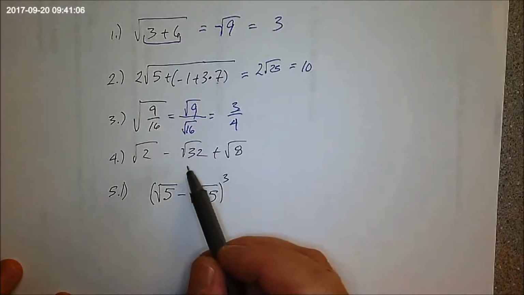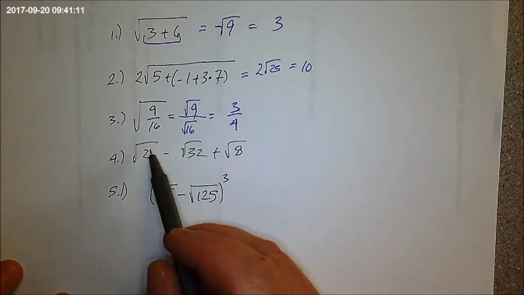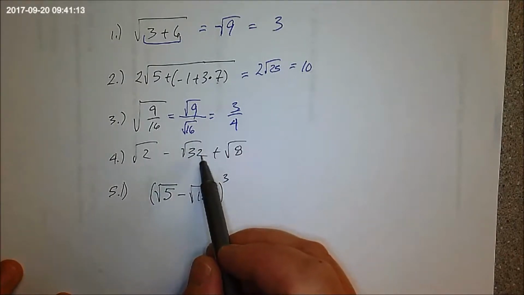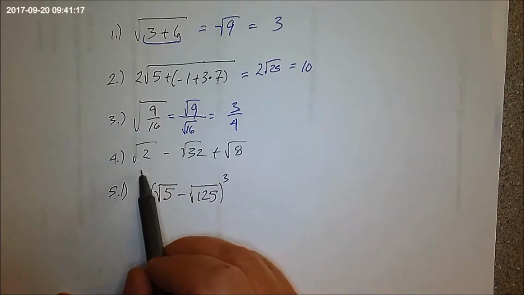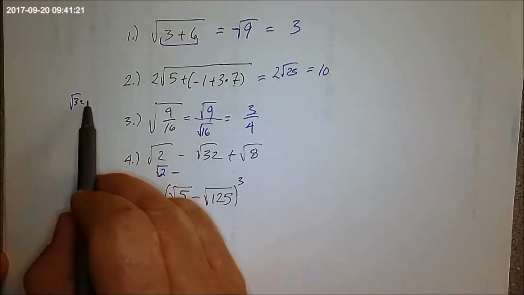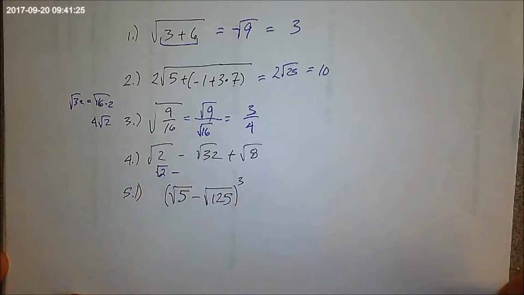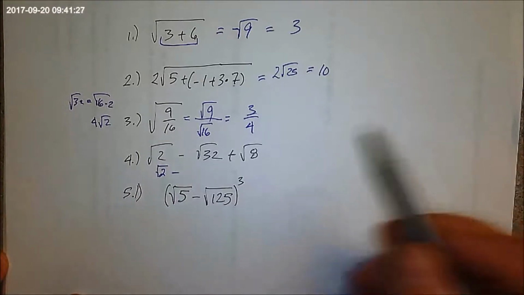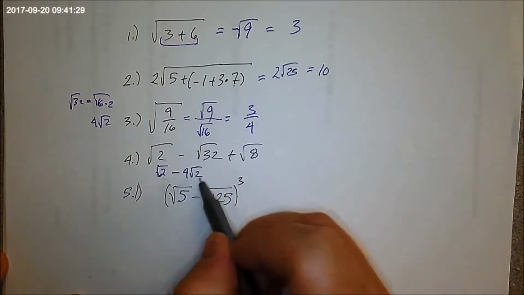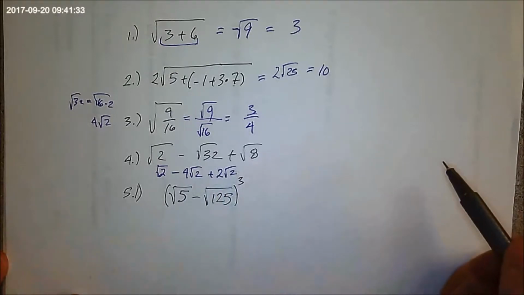Okay. Now, this one, they're different terms, so we have to see if we can make them the same. This is 16 times 2, right? So this is the square root of 2, and then square root of 32, well that's 16 times 2, so that's 4 root 2. Yeah? So minus 4 times the square root of 2, and this one is, well we've done that a lot, 2 times the square root of 2.